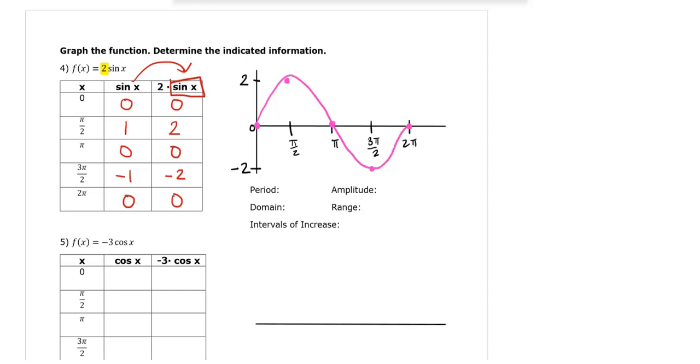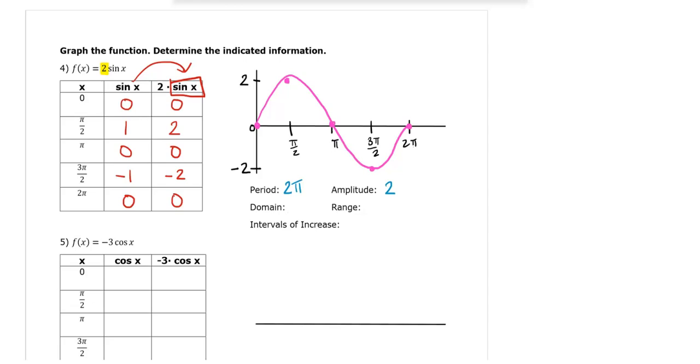It looks exactly like our parent function that we already graphed just a few minutes ago, but the only difference is that it goes up to 2 and down to negative 2 instead of 1 and negative 1. That's the only difference. So let's identify the various information here. Period, how long until it starts to repeat? I just drew the whole period from 0 to 2 pi, so that's 2 pi. My amplitude is 2, the absolute value of whatever's multiplied out front of the trig function.